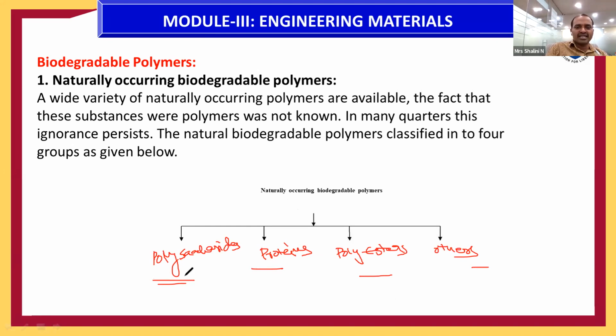So what are the polysaccharides? These polysaccharides are starch and cellulose. Proteins are wool, silk, gelatin, etc. Polyesters are polyhydroxy.